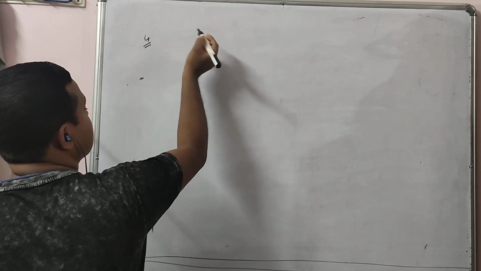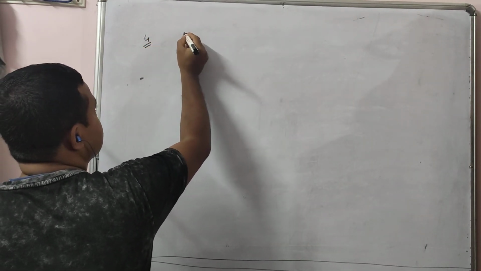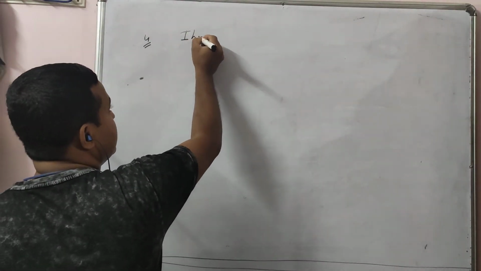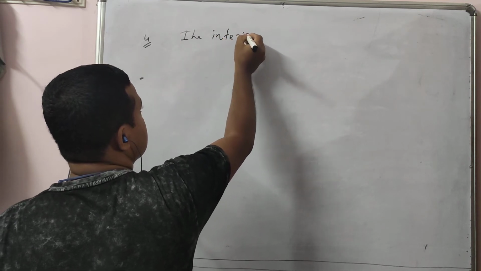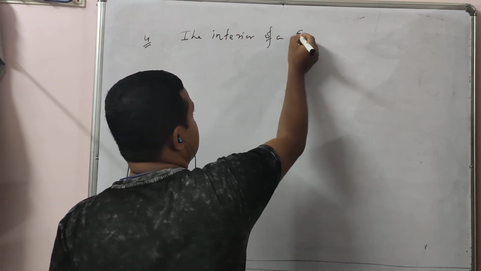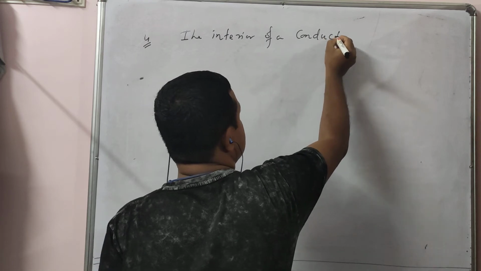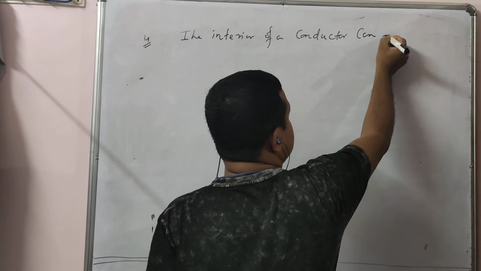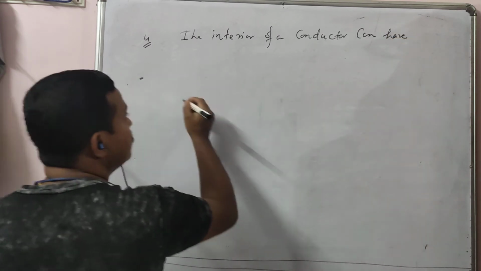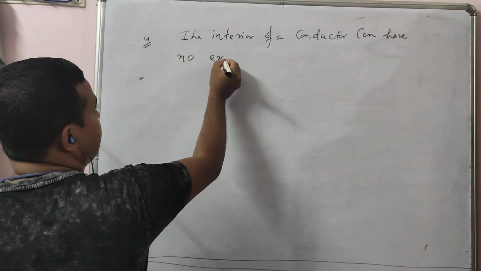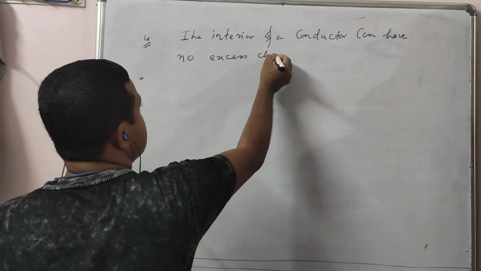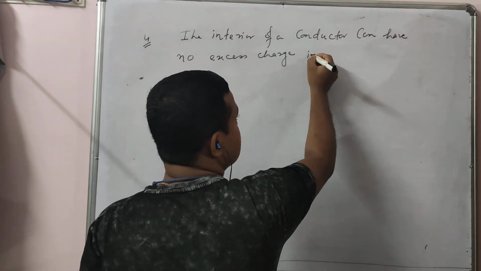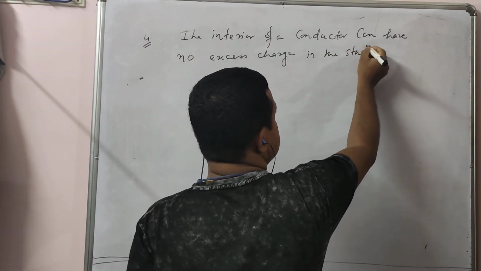Number 4. The interior of a conductor can have no excess charge in the static situation.